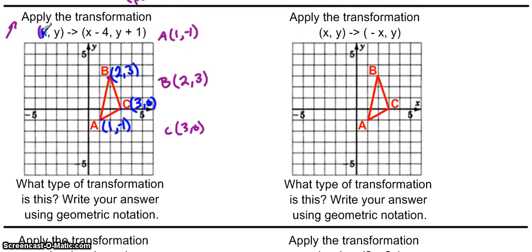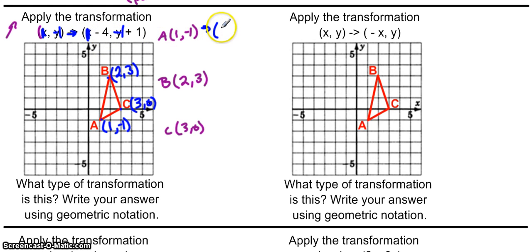I'll write these in here. 1, -1. And I have to substitute in those values over here. So 1 will go here, -1 will go here. So I have taking 1, -1 and transforming it to whatever 1 minus 4 is and whatever -1 plus 1 is. Let's actually write that off to the side over here so we can get our notation correct.